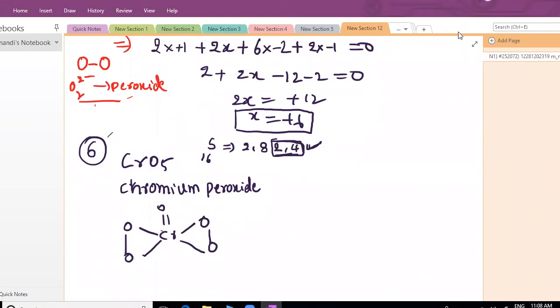Can you try this question? Can you try chromium oxidation number? Anyone?